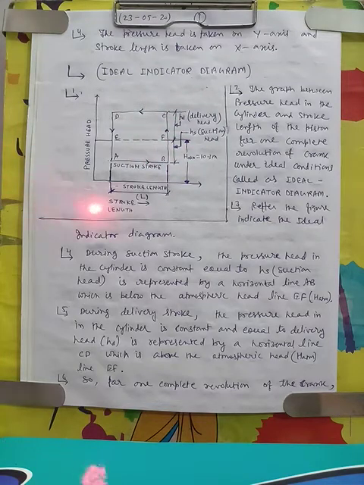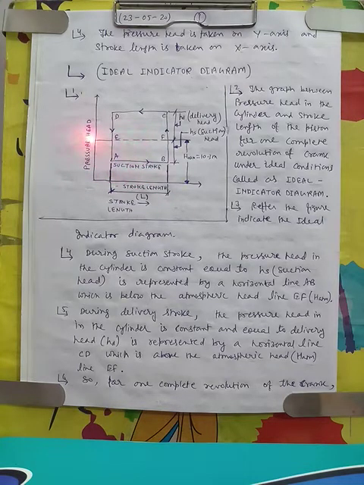Theoretically, suppose this is the starting point of the stroke and this is the clearance volume, this is the stroke length and this is the pressure. Suppose this is the clearance volume, don't bother about it. Suppose our stroke starts from A. As the stroke starts, means as the suction stroke starts, what is the pressure inside the cylinder?